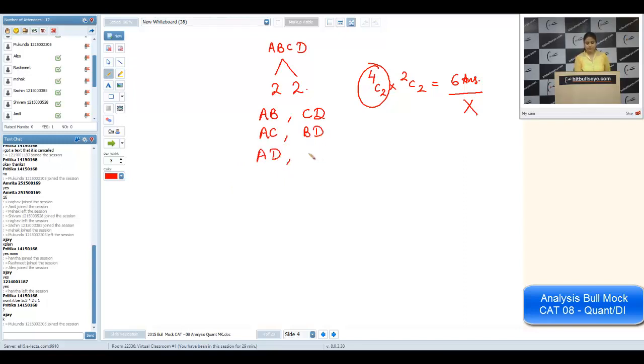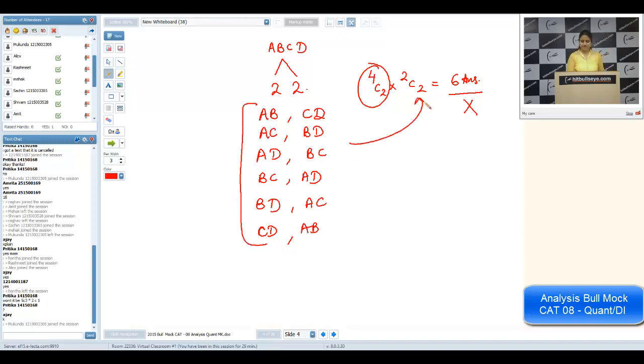There is one more possibility, AD, BC, then BC, AD, then BD, AC, then you have CD and AB. So these 6 possibilities you have counted in this expression by using the formula. But as you can see, the very first case and the last case, they both are similar.